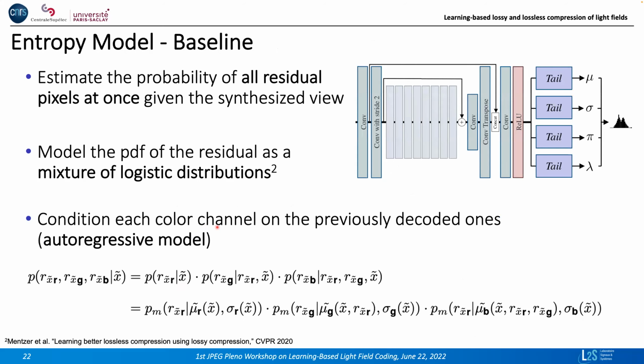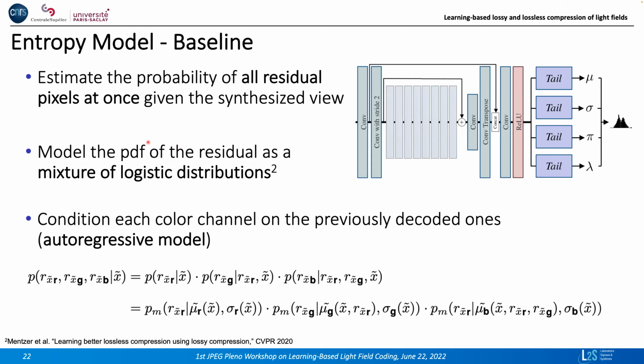So basically, we propose two entropy models. The baseline model is based on a work by Menzer and others, that computes the residual pixels all at once. You have your predicted view from view synthesis, and you estimate all the pixels of the residual view in a single shot.